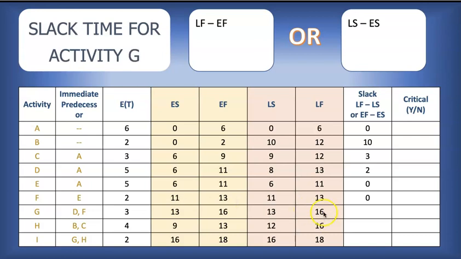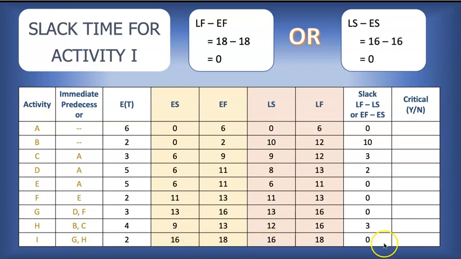Activity G, 16 minus 16, 0, or 13 minus 13, 0. Activity H, 16 minus 13, that's 3, or 12 minus 9, also 3. And finally, activity I, 18 minus 18, 0, or 16 minus 16, 0. So we have our slack times.